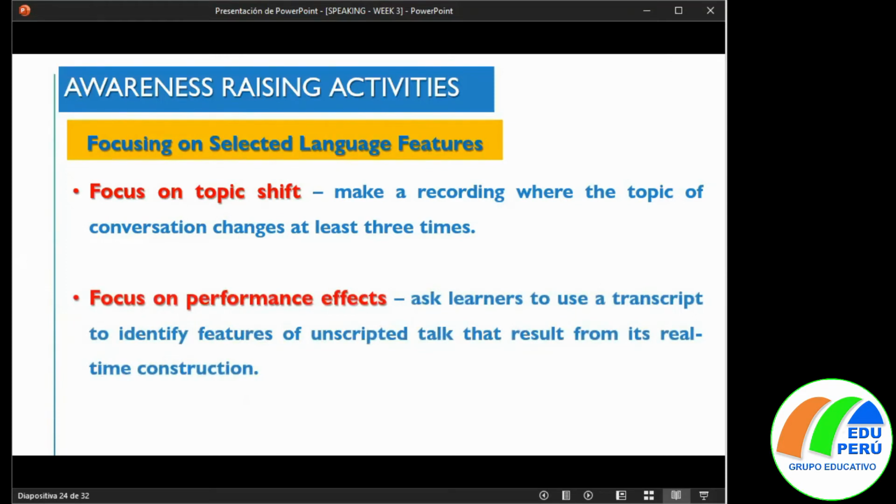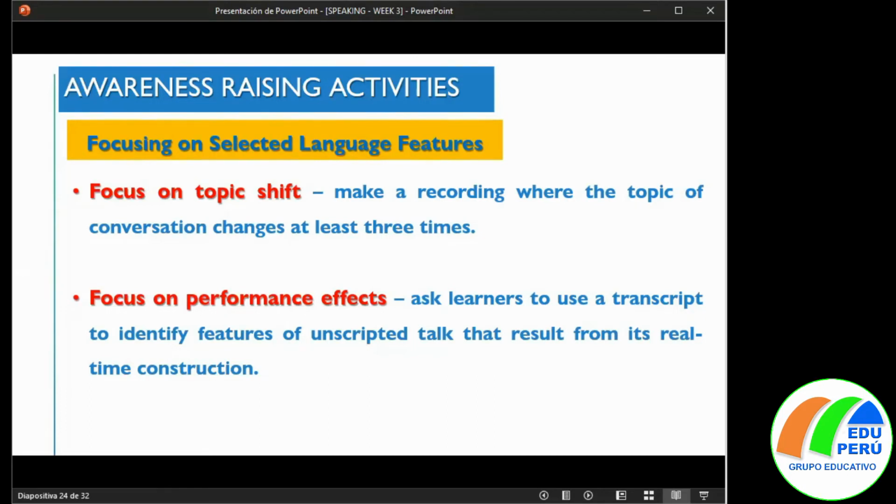Focus on performance effects. Ask learners to use a transcript to identify features of unscripted talk that result from its real-time construction.